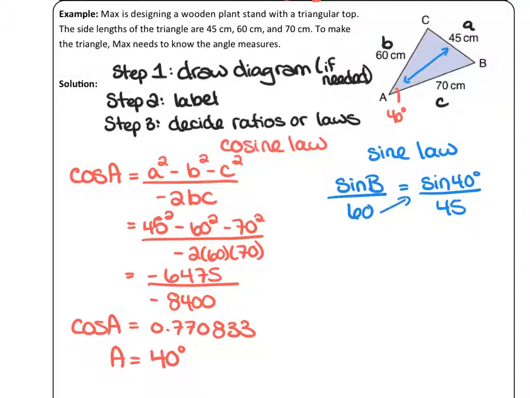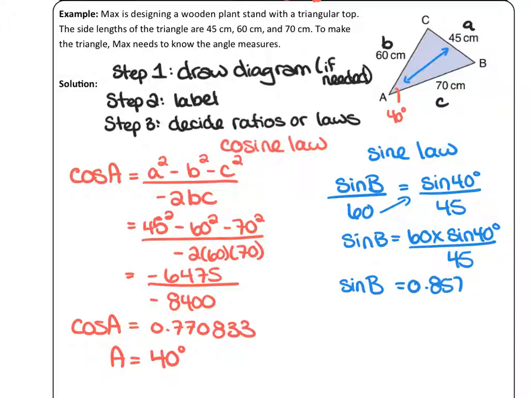So I'll move this up: 60 times sine 40 divided by 45. And we'll calculate this. So I get sine B is 0.85705, and I'll take the inverse sine of that to get an angle of 58.98, so I'll round it to 59.